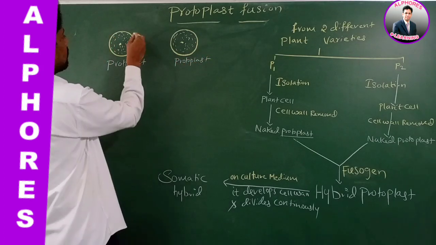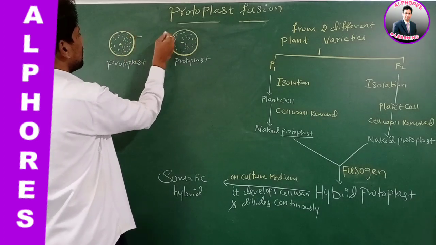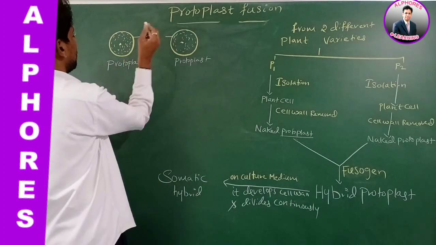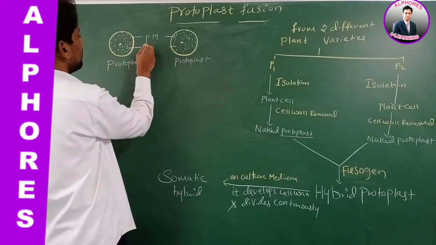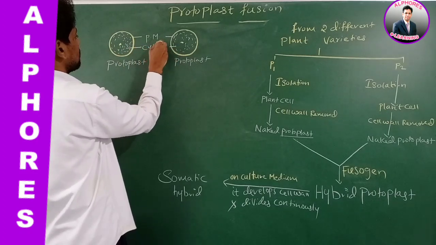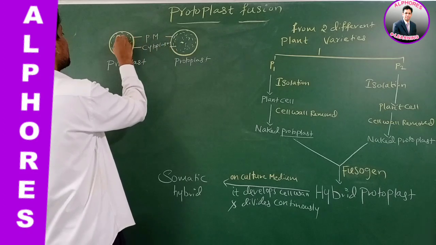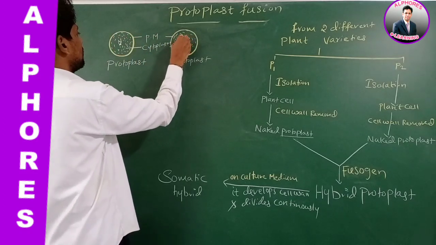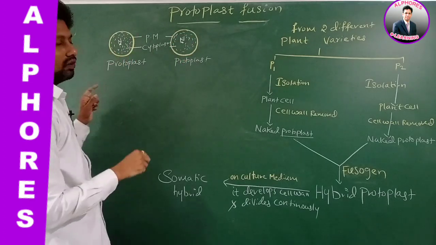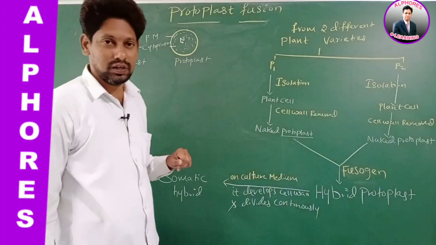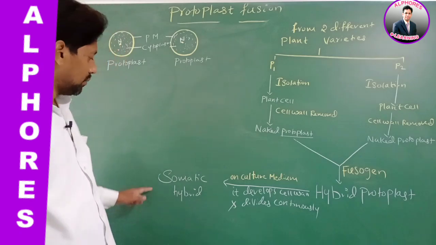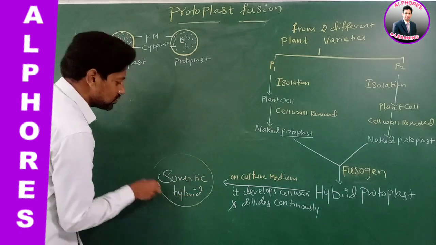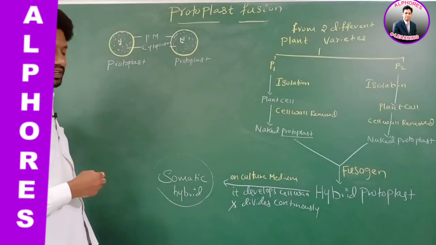What does this yellow layer indicate? The plasma membrane. What do these dots indicate? Cytoplasm. Whereas this yellow dot indicates the nucleus. Now, this is which hybrid? A somatic hybrid.